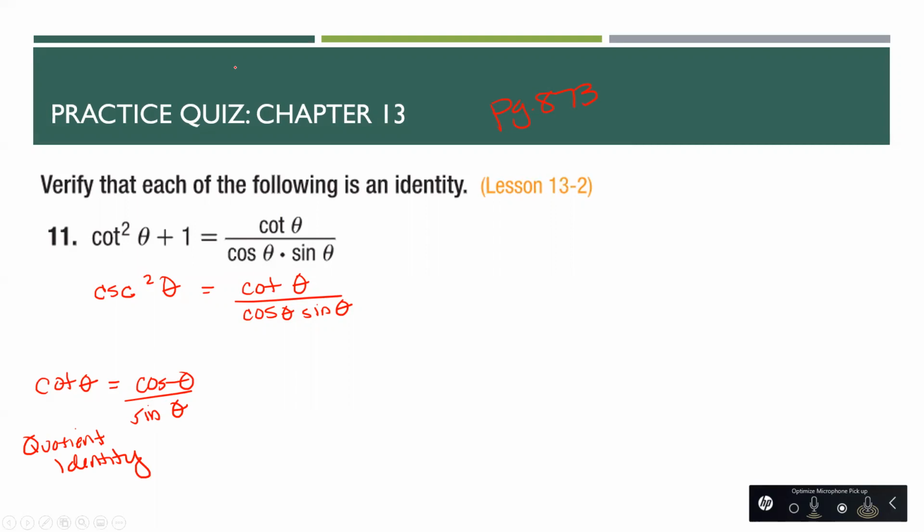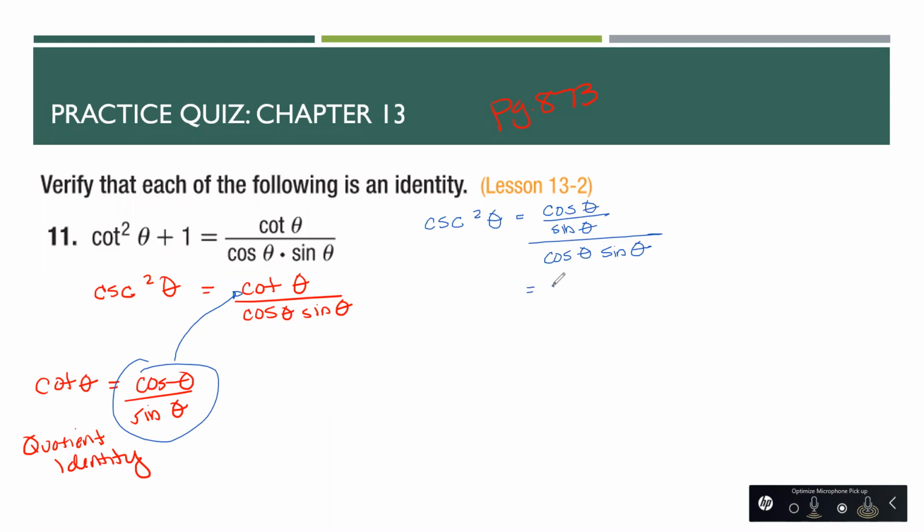So that means we're going to replace cotangent of theta with this, okay? So we're plugging this in here. So we have cosecant squared theta is equal to cosine theta over sine of theta, and that's being divided by cosine of theta times sine of theta, okay? So what we end up with is we're going to divide. The first fraction stays the same, and we're going to multiply by the reciprocal.